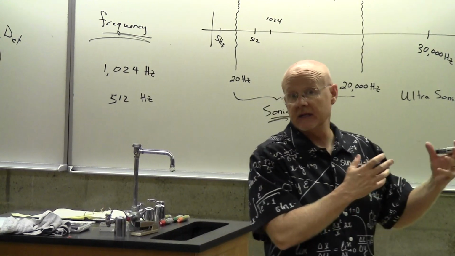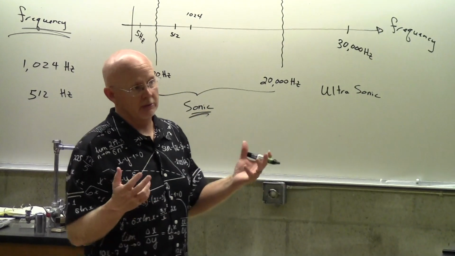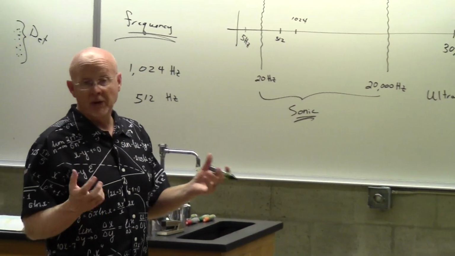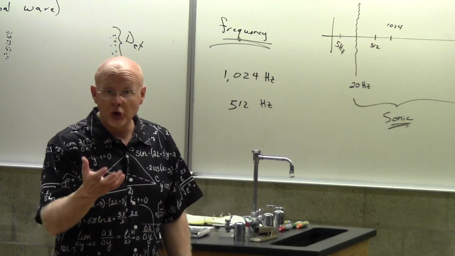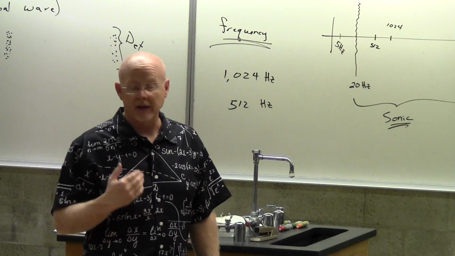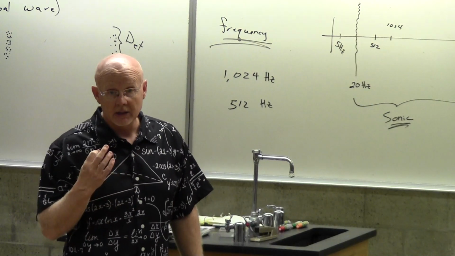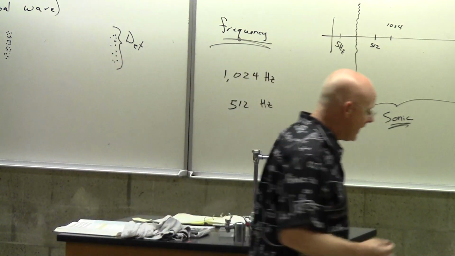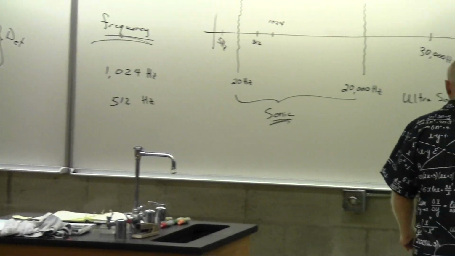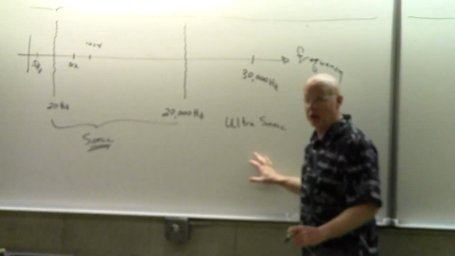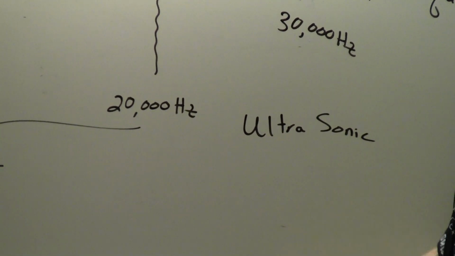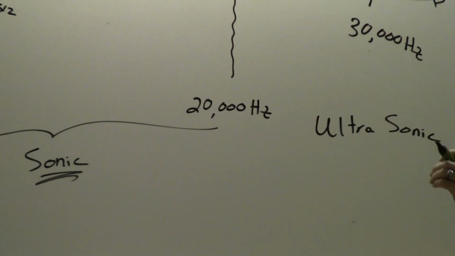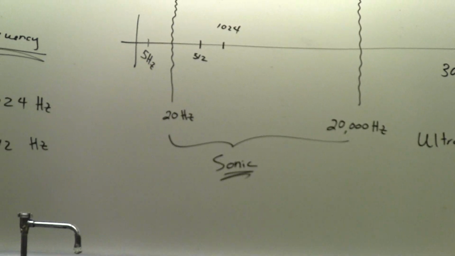Our human eye doesn't detect it, so we just give it a name and we build detectors with it. And there are other animals like insects that are really good at detecting ultraviolet light, but our human eyes don't. And so ultrasonic and supersonic, hopefully you don't confuse. Supersonic, we're going to say something that is faster than the speed of sound. Okay, so let's talk about speed later on.